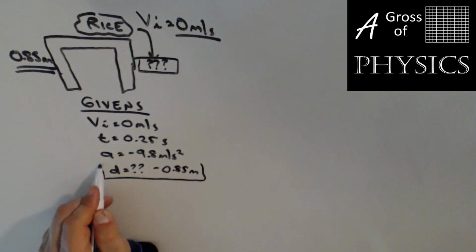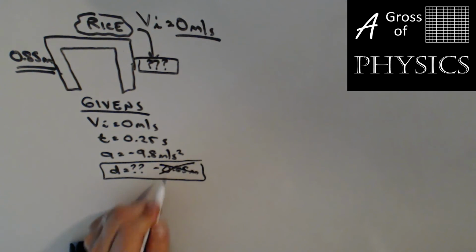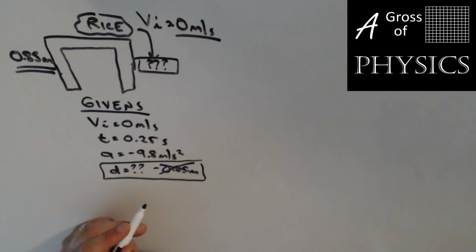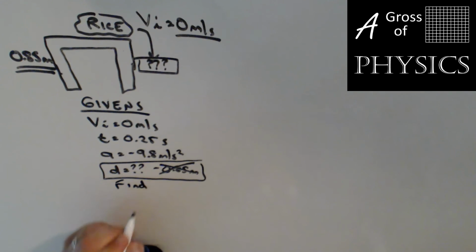So right here we have an extra variable that's not needed for the problem. And sometimes problems will have extra information that you don't need to solve a particular part. Some problems have multiple steps, so you're looking for solving many different variables, and in this case the 0.85 is extraneous. Now what we're trying to find is how fast, so VF.